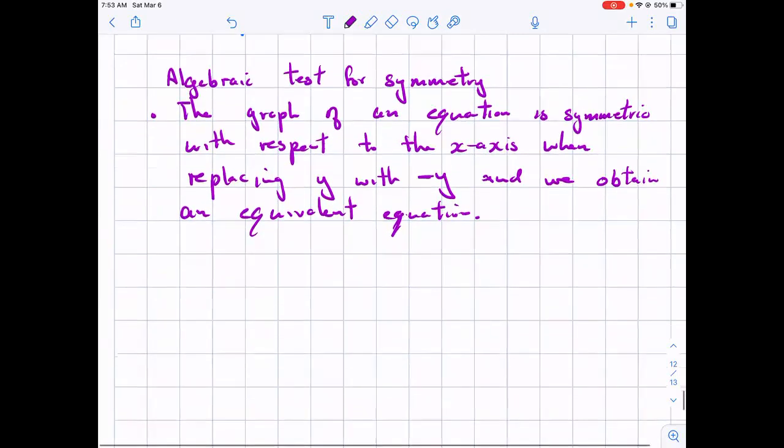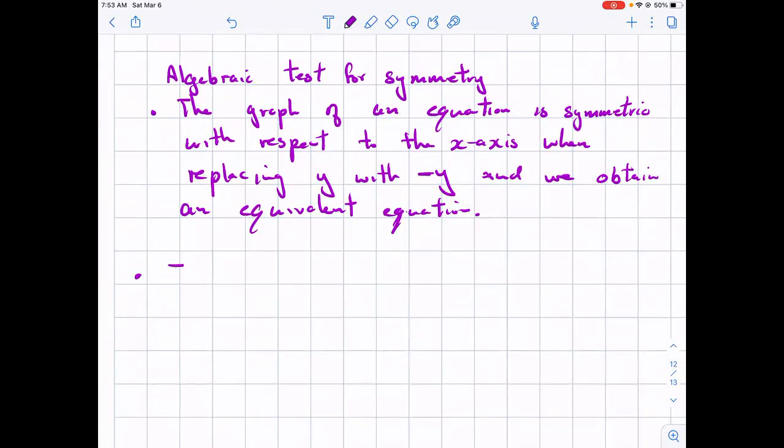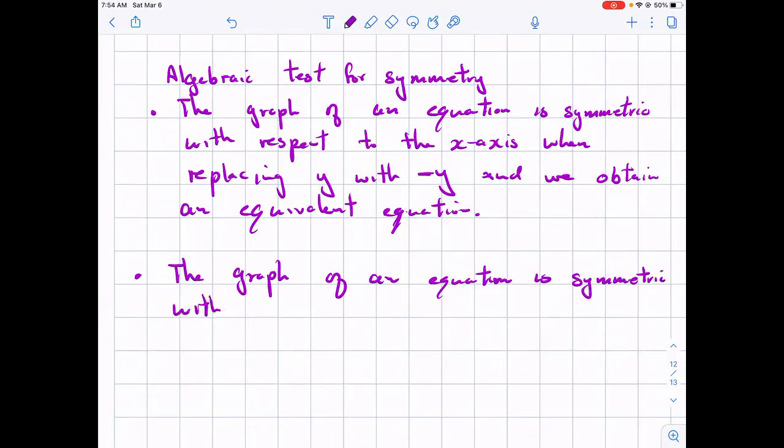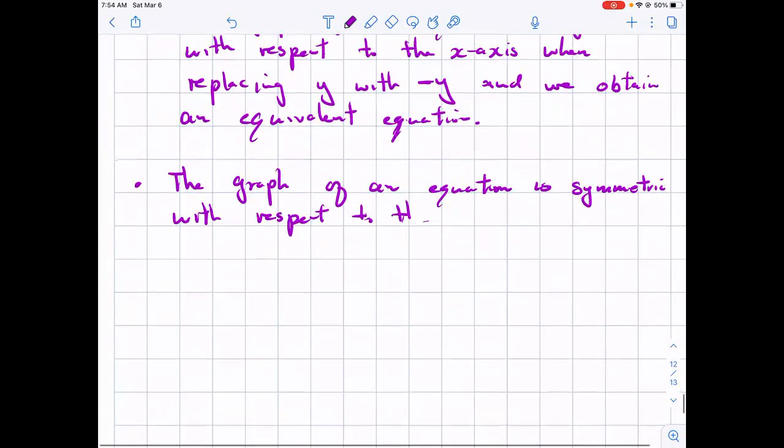Okay. Likewise, we can say the graph of an equation is symmetric with respect to the y-axis now.